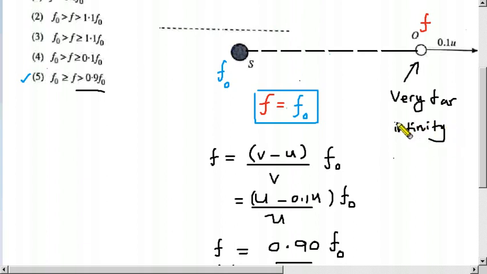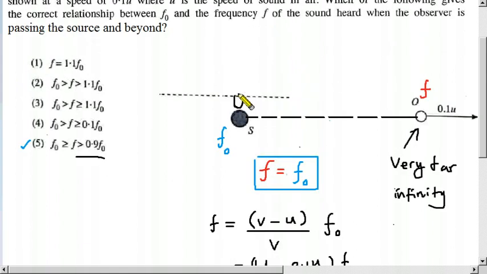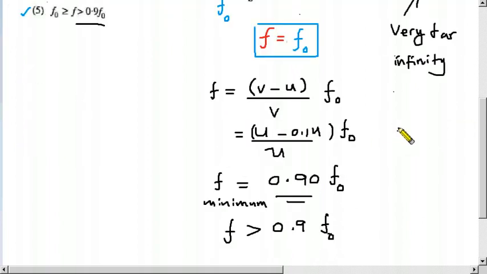If it is at infinity, then only we can assume that this distance is 0 and take this to the same line. So it is not passing by, it is exactly moving away along the same line. Therefore, only if it is at infinity can we solve like this, then it is equal to this one.